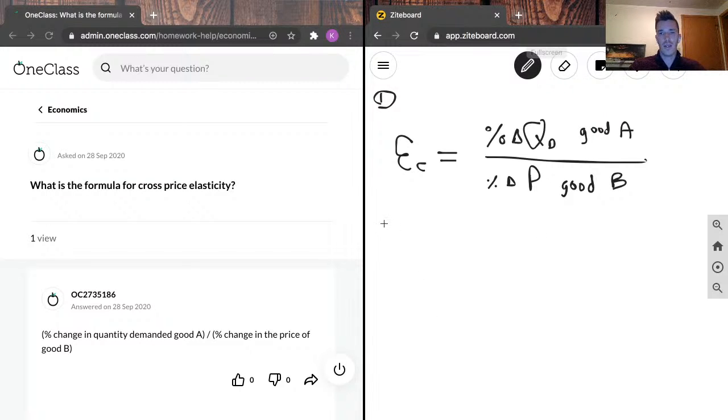Maybe just to add on to this a little bit, if we have that the cross-price elasticity is greater than 1, then we can say it is elastic.